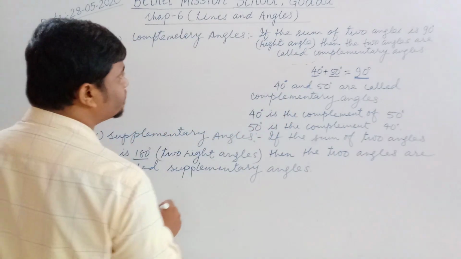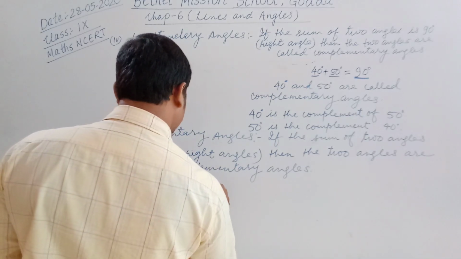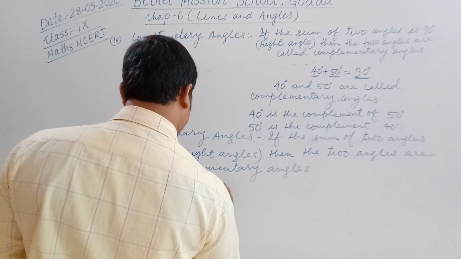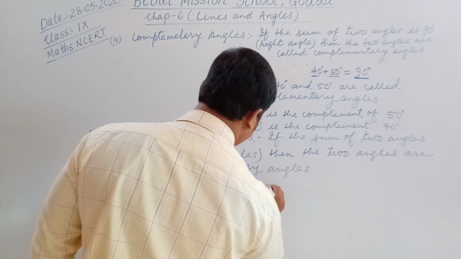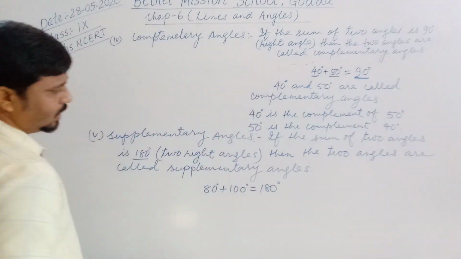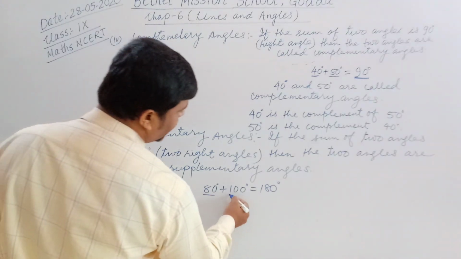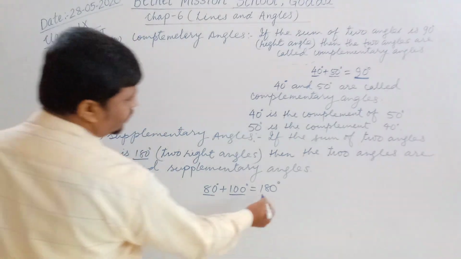See the example. 80 degree plus 100 degree is equal to 180 degree. Here 80 degree and 100 degree make 180 degree.